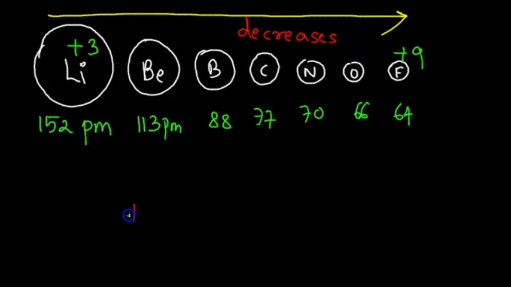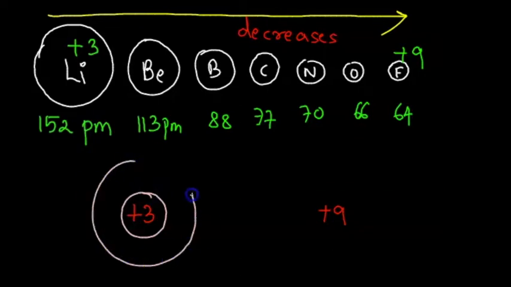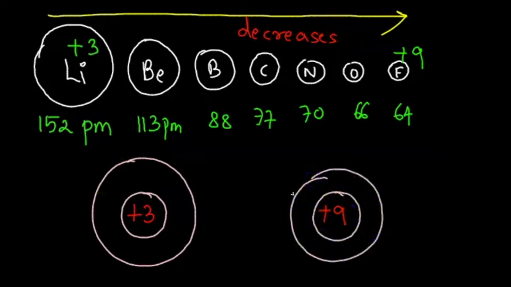So let's see if we can draw a picture. Let's draw lithium and fluorine. Lithium has a nuclear charge of positive 3 and fluorine has a charge of positive 9 in the nucleus. This is the first shell of lithium and this is the second shell. Similarly, this is the first shell of fluorine and that's the second shell.